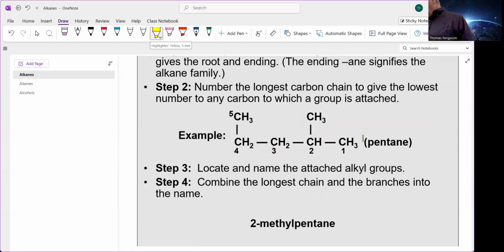Well, you can go like this, or you can go like that. You have a choice, pink or yellow. Both are valid backbones, so let's go with the pink one. How many carbons long is it? It's 5 carbons long.